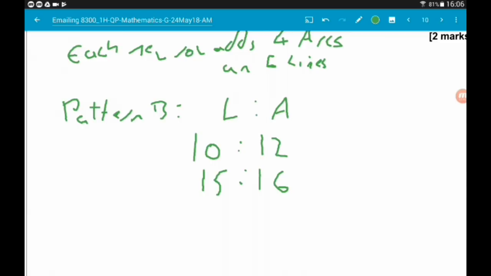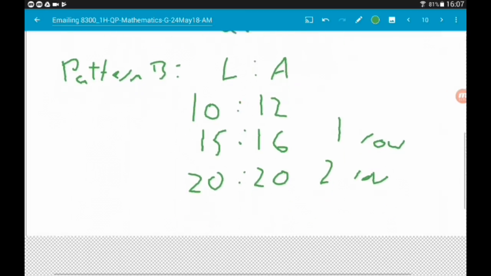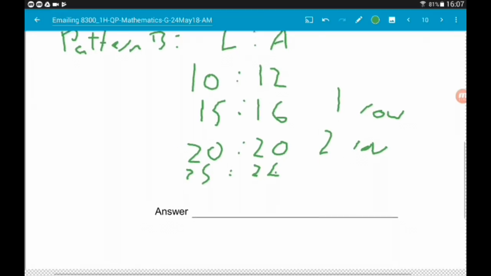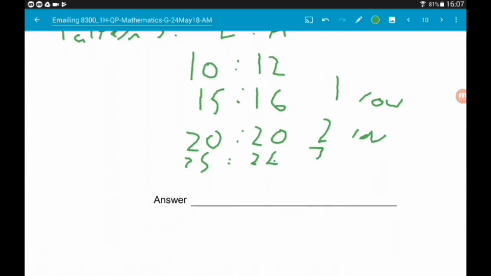So, no. So that's one row. If we add on another, we're going to have 20 to 20. That's 2 rows. If we add on another, we're going to have 25 to 24. So that doesn't work. That's 3 rows.